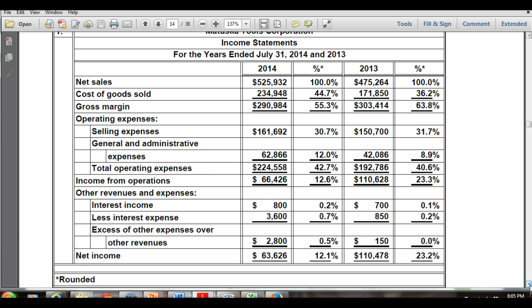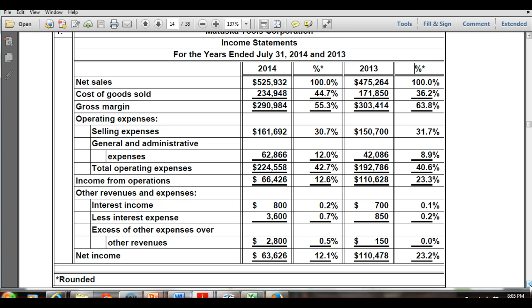And if you look at it, a lot of it's in the cost of goods sold. Look at how the cost of goods sold went from 36 to 44%. That's significant. That's 8 points.